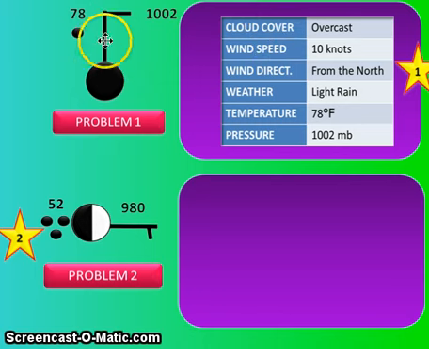The bar is pointing directly over the north, which means that that's the direction that the wind comes from. Again, that is a very important thing to notice about these, is that it's where the wind is coming from. It's a light rain because there's only one dot, and the temperature is 78 degrees Fahrenheit and 1,002 millibars for the barometric pressure. Now going to problem 2.